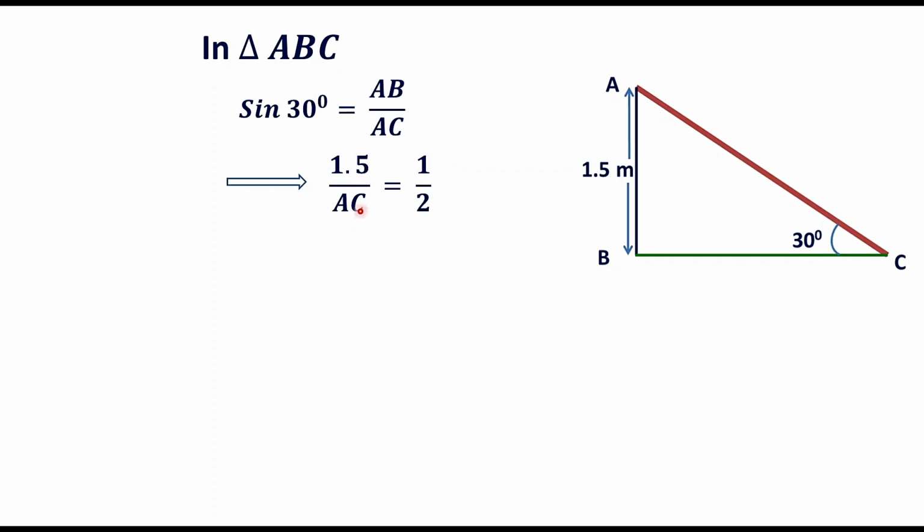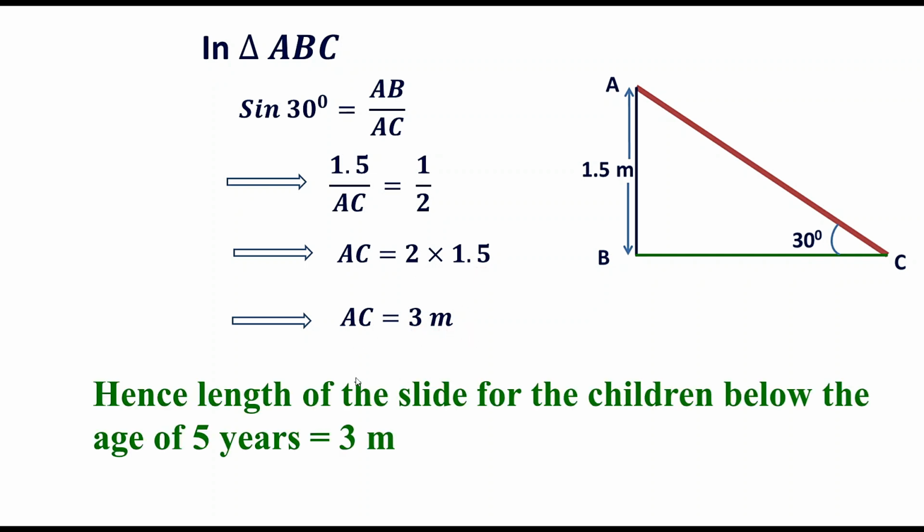So 1.5 divided by AC is equal to 1 by 2, and by solving it after cross multiplication, AC into 1 is equal to AC, and 2 multiplied by 1.5, and after multiplying 2 and 1.5, AC is equal to 3 meter. So the length of the slide for the children below the age of 5 years is equal to 3 meter.